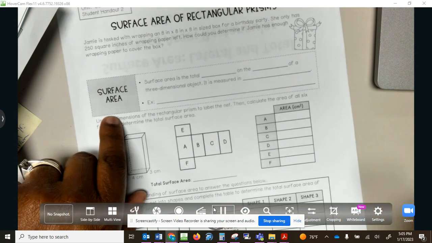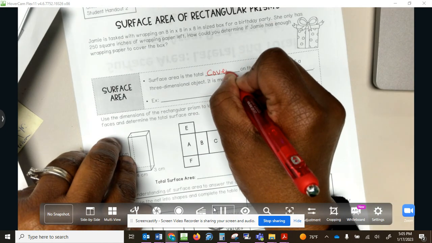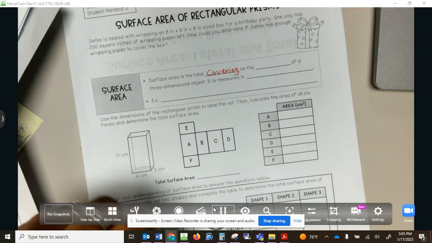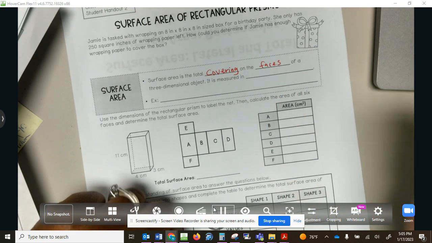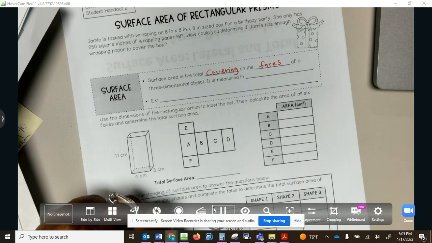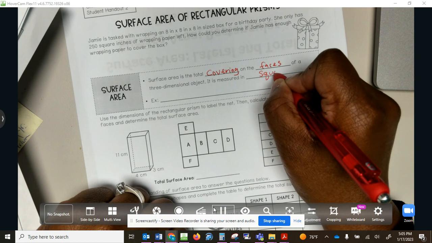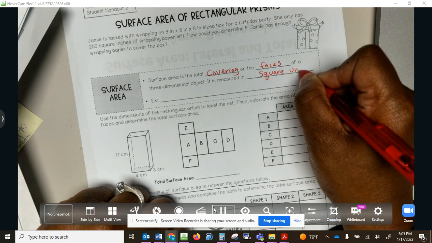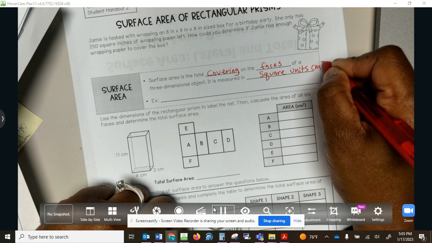So here, surface area. Surface area is the total covering on the faces of a three-dimensional object. It is measured in square units. So that's like if I had centimeters squared.